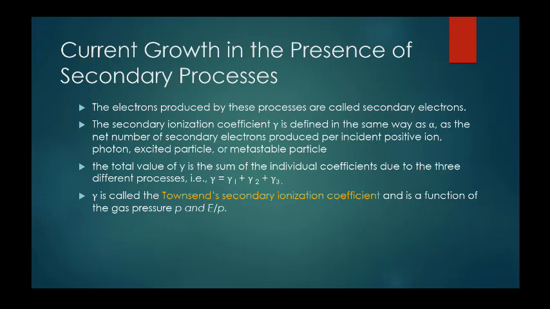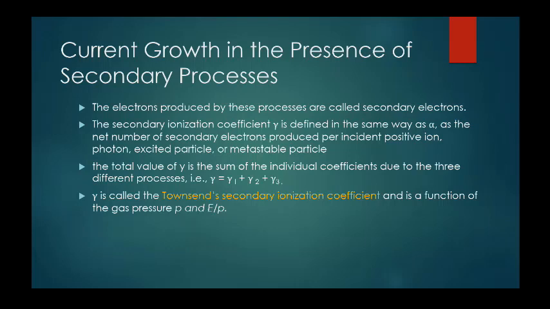The total value of gamma is the sum of the individual coefficients due to the three different processes. That is, gamma equals gamma 1 plus gamma 2 plus gamma 3. Gamma is called Townsend's secondary ionization coefficient and is a function of pressure and E by pressure. E is the applied field.